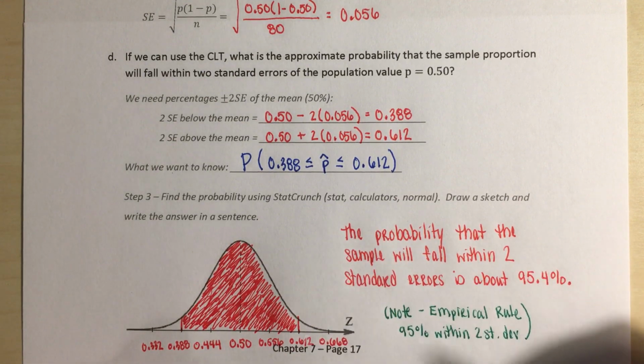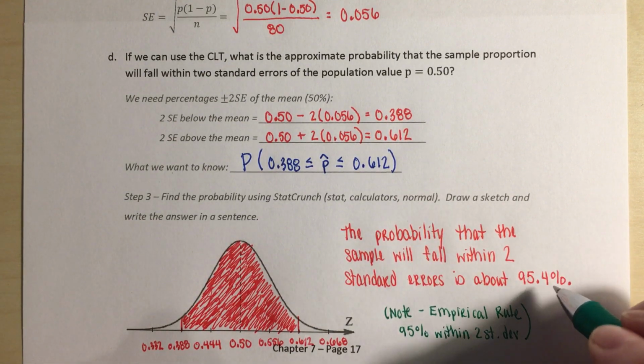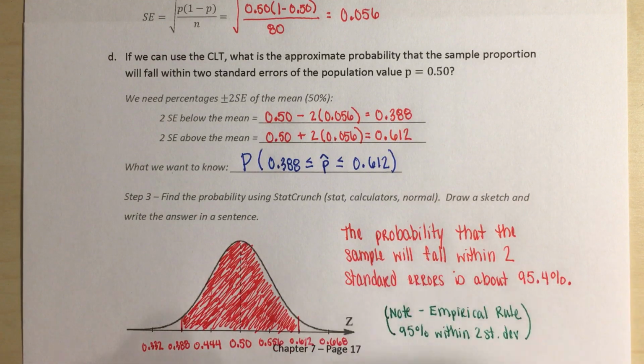So the fact that we got an answer of about 95.4%, so a little more than 95%, should not be a big surprise in this case. So what we have here matches up with what we know about our empirical rule.